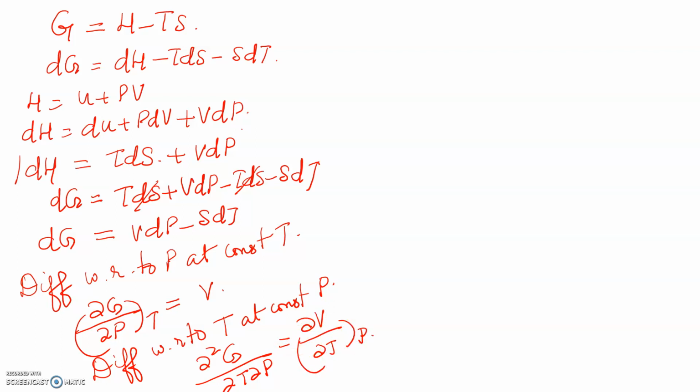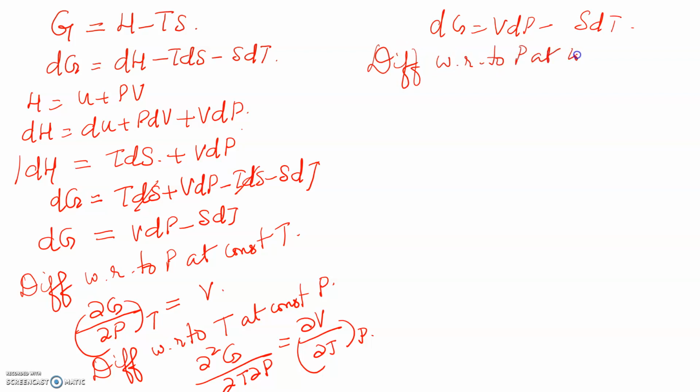Okay, so now we'll do the procedure again, interchanging the variables. dG is equal to VdP minus SdT, differentiating with respect to T at constant pressure. Interchange the variable.